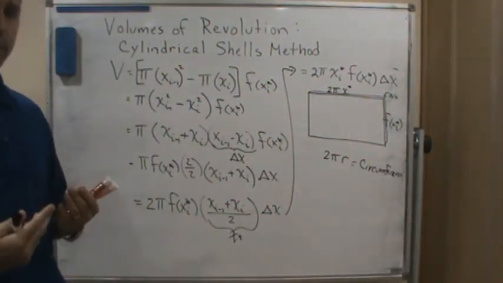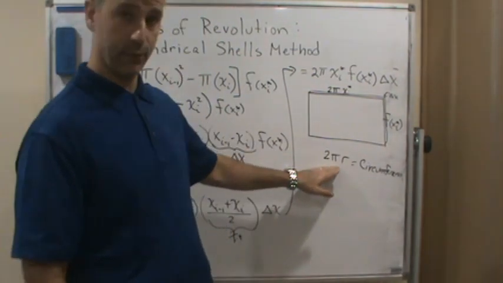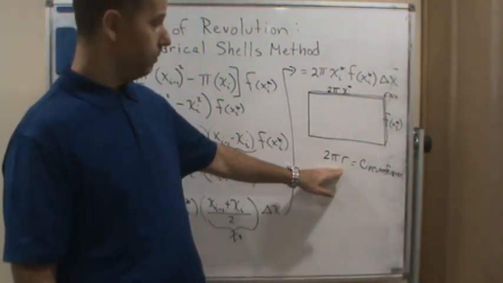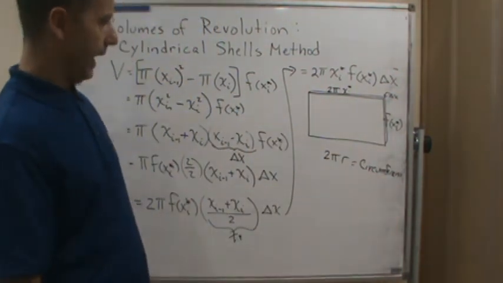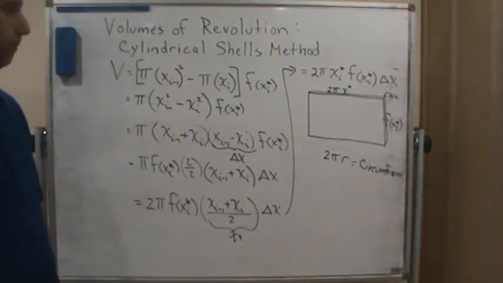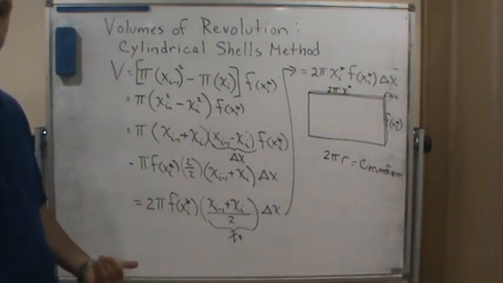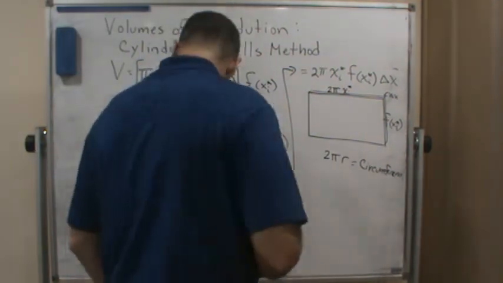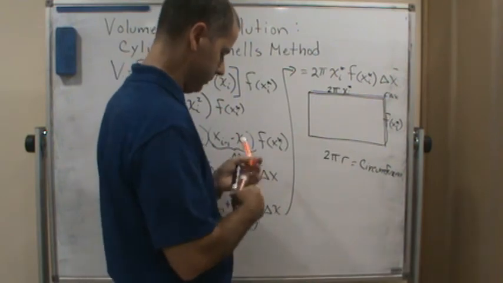So basically our formula for the cylindrical shell is going to involve the circumference times the height of the cylindrical shell.